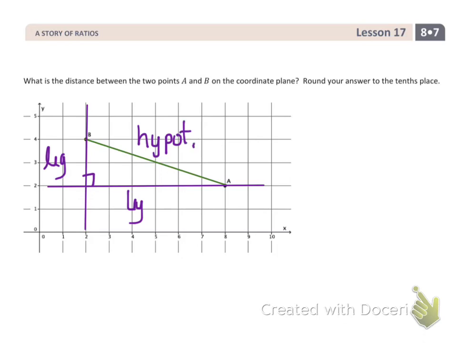Okay, so we've already seen how it's easy to find the length of legs. The length of vertical and horizontal segments, because we can just count or we can subtract. Like this one is 8 minus 2, so it'd be 6. 1, 2, 3, 4, 5, 6. And this leg up here would be 4 minus 2, which is 2, and I can count 2 units there.